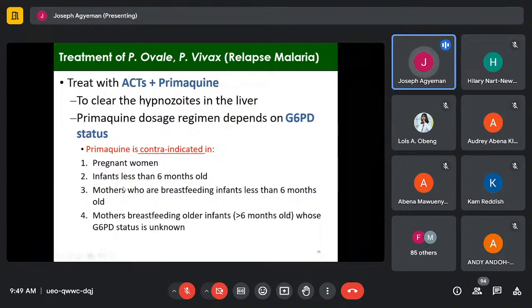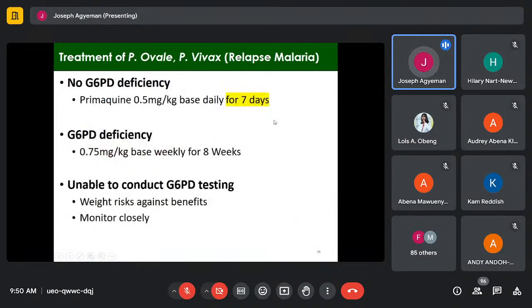So in these individuals, aside from them being G6PD defective, it is not advised that they take primaquine in addition. And of course, depending on your G6PD status, you will take primaquine. But if you qualify to take it, you may take different doses.